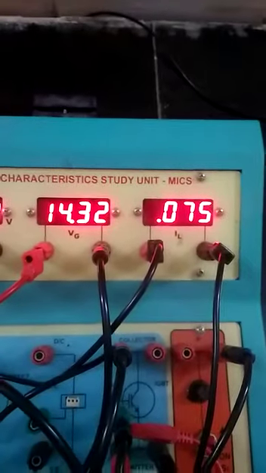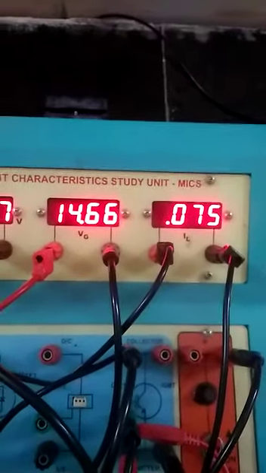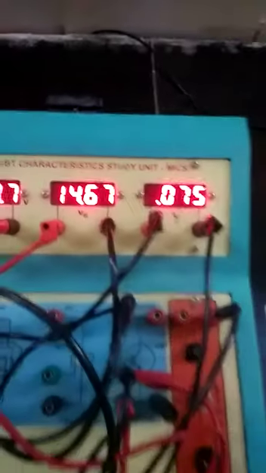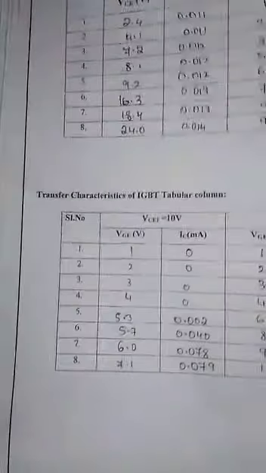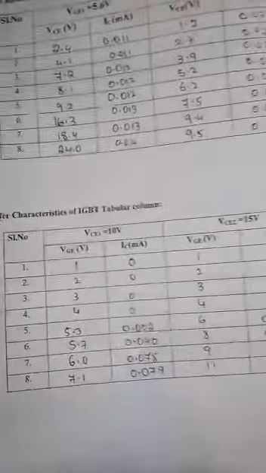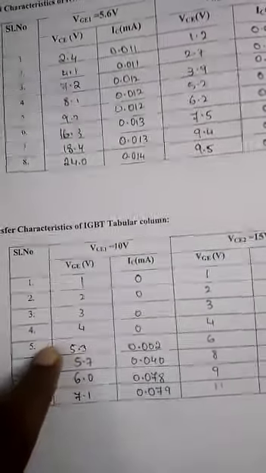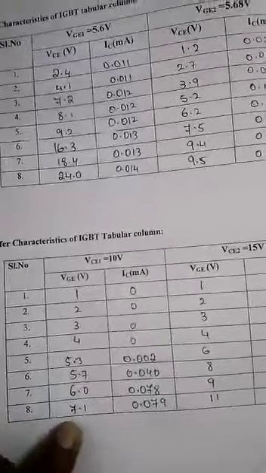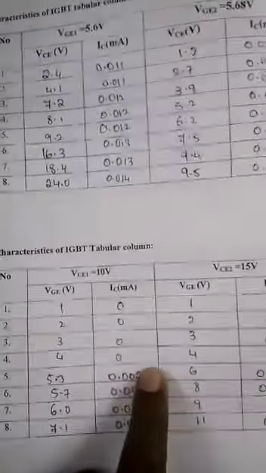This is the readings of the transfer characteristic of the IGBT. You can see initially from 1 to 4 volts it is 0. After that, from 5 to 7 volts, you can see the collector current gradually increase.